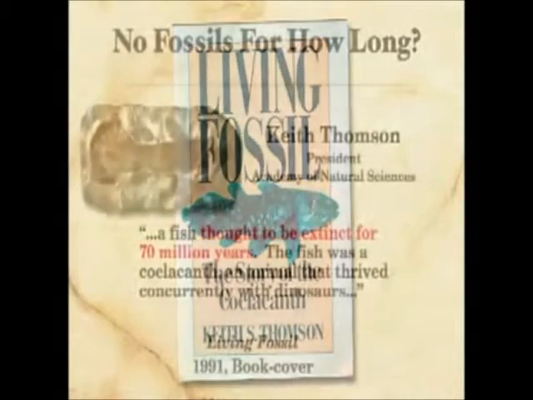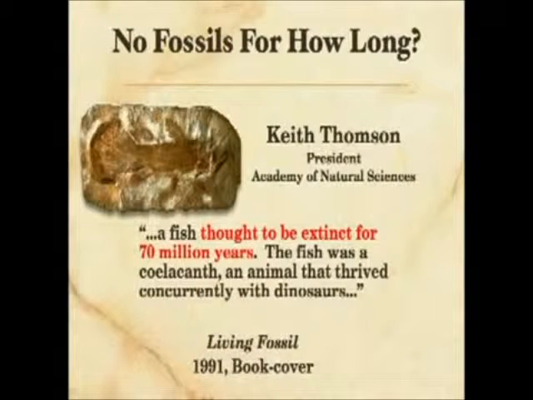He says in his book, a fish thought to be extinct for 70 million years, which is about the time the dinosaurs have been extinct. The fish was a coelacanth, an animal that thrived concurrently with the dinosaurs, but from the point where they're supposed to have gone extinct, all the way up the column, you find no coelacanths and virtually no dinosaurs.